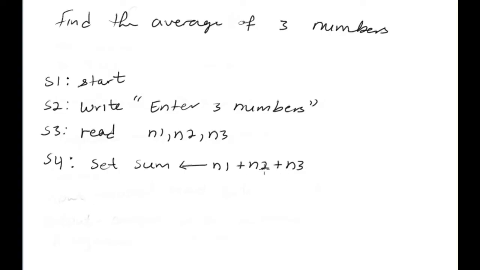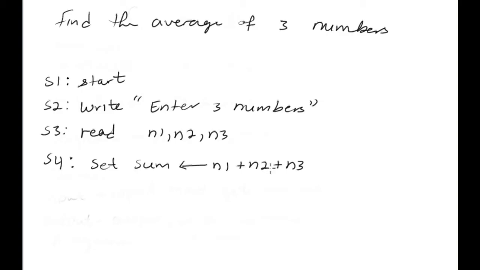Okay, now what this assignment is saying, add the values found in these three variables. So there's a value in n1, one in n2, and one in n3. So this step is saying add all three values, and the result that I get from this calculation, I'm going to place it in a variable called sum.